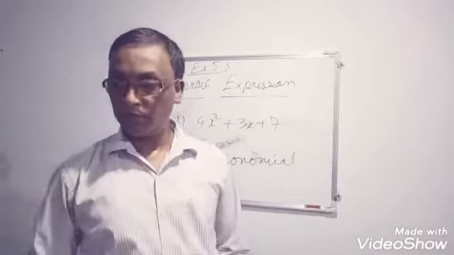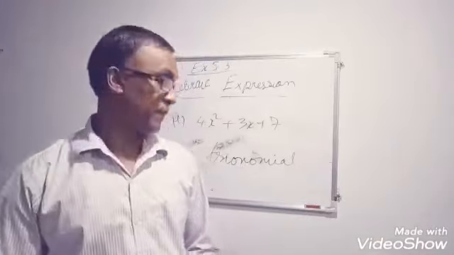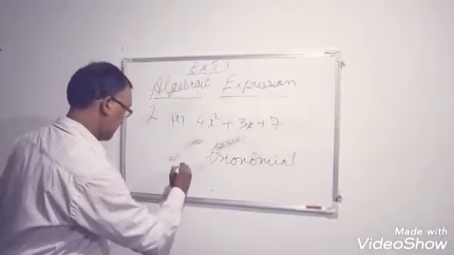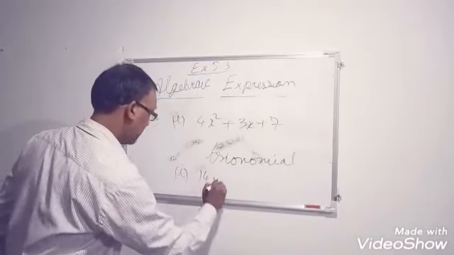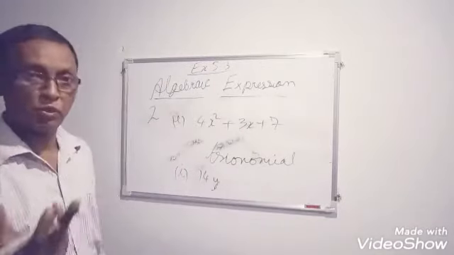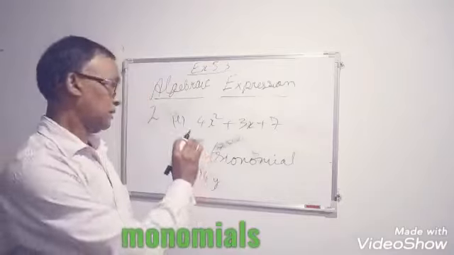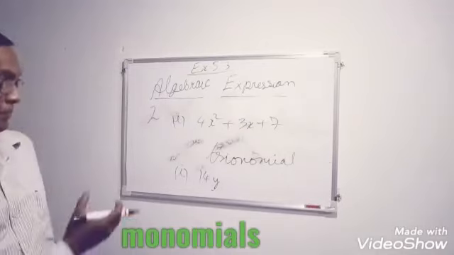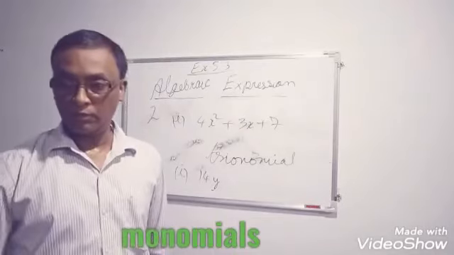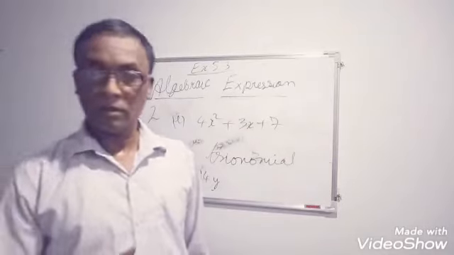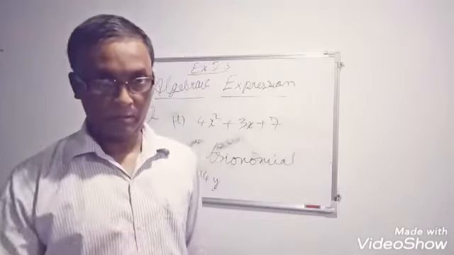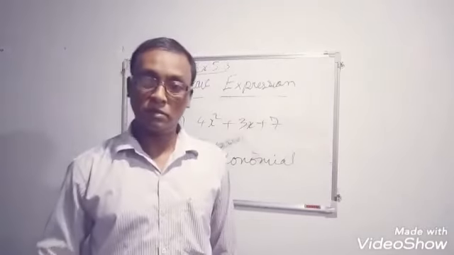So the last question, if you see I, that is 14y, a single term is there, so it is a monomial. So clearly, very simple, depending on the number of terms you have to name it, you have to classify it. So very simple, practice it, finish up the work in the Classwork copy.